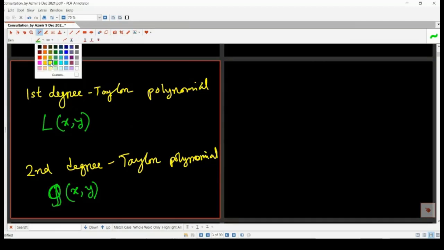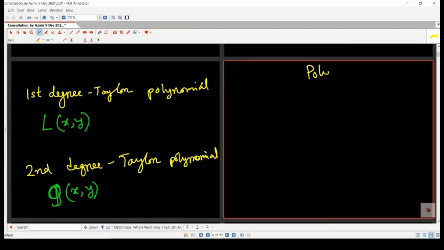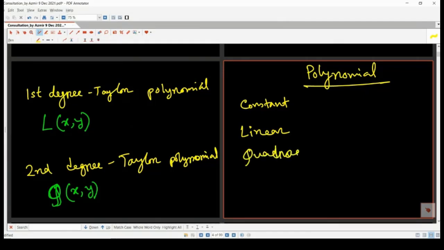At first, let us recall what a polynomial is. A polynomial can be constant, linear, quadratic, cubic, or quartic. Constant is also known as a zero degree polynomial.